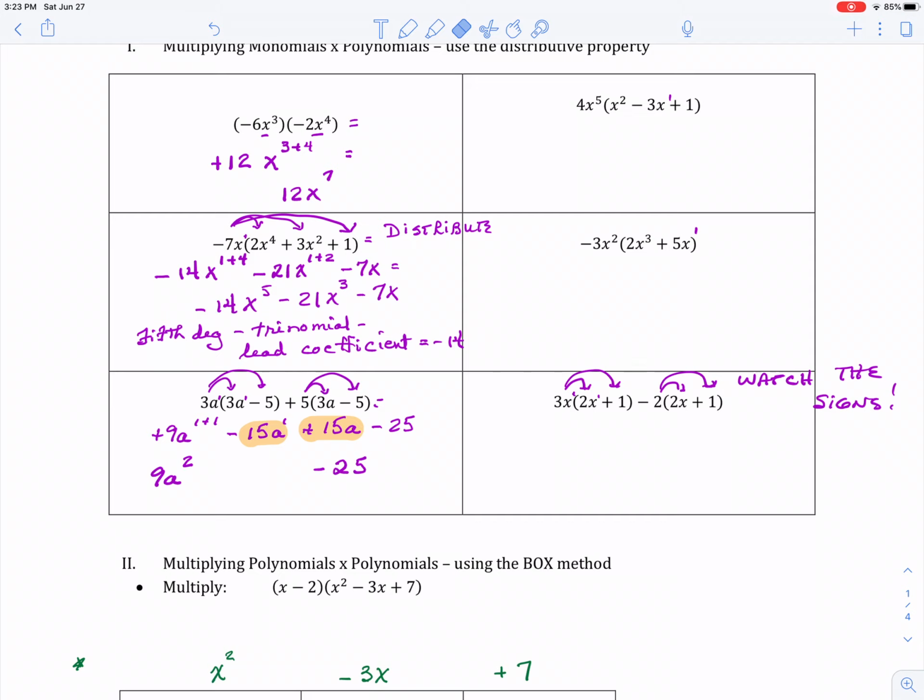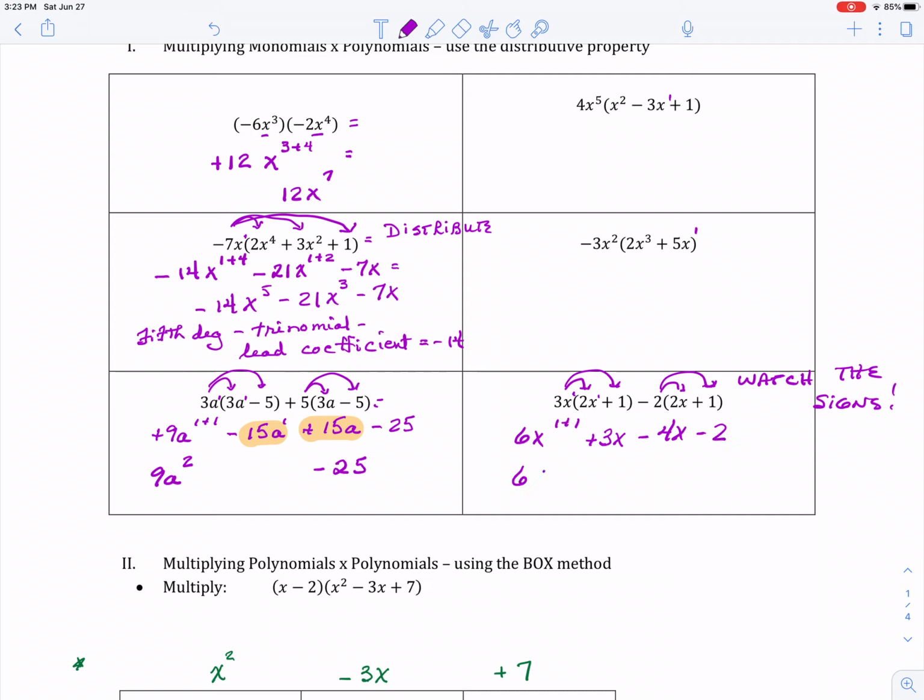And I'm going to go over here and do one more quickly. 3x to the first times 2x to the first, both positive. This is 6x to the 2nd, 1 plus 1. This is positive 3x. Notice I'm multiplying by negative here. That gives me a negative 4x and a negative 2.